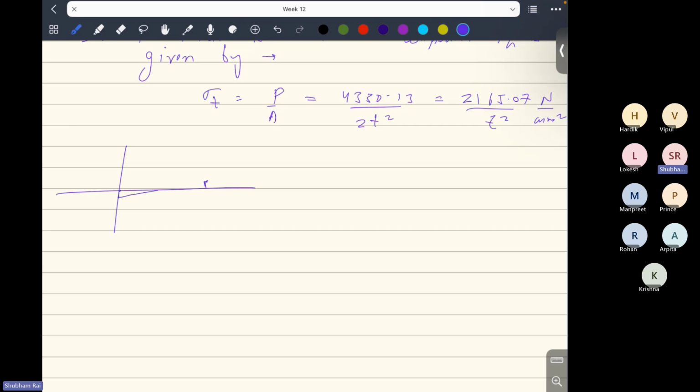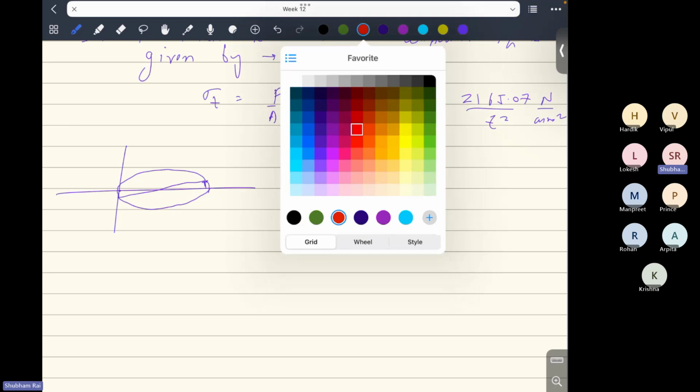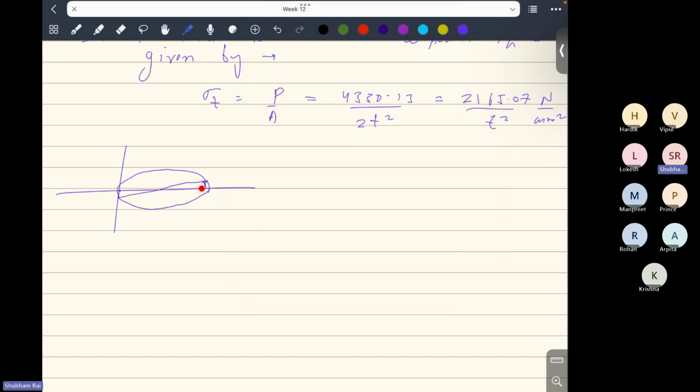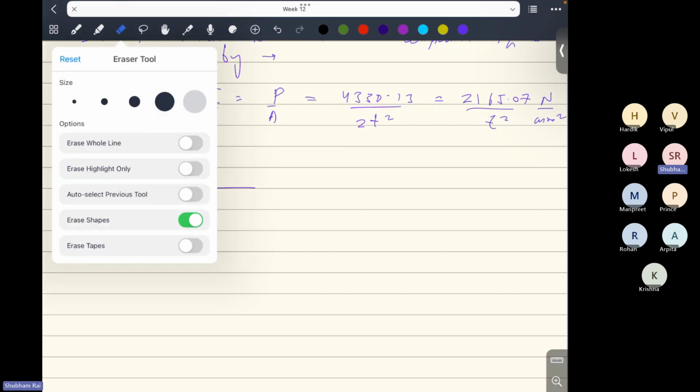You have to draw a radius, and using this radius you draw a Mohr circle. It will be something like this. But we are assuming that the contribution from shear stress is very small, so this radius will almost be equal to this radius. It means this point will lie here on the axis, and that's why this angle will become almost zero. So that's what we are assuming.